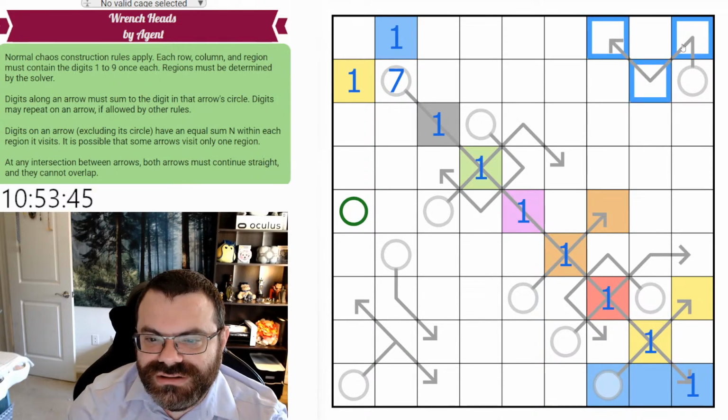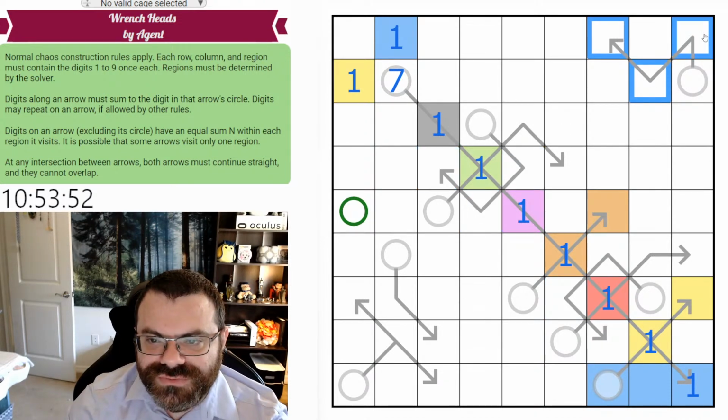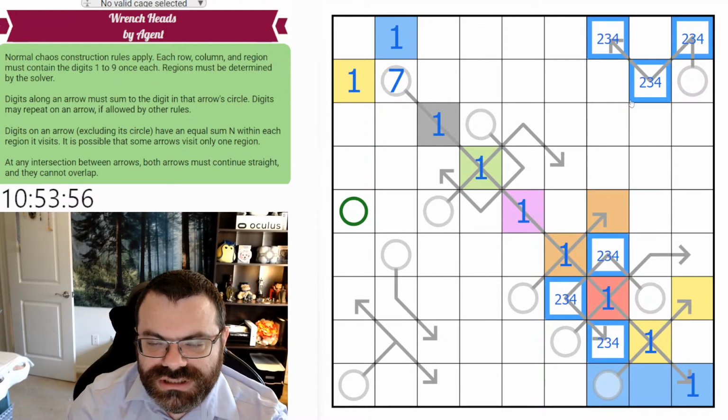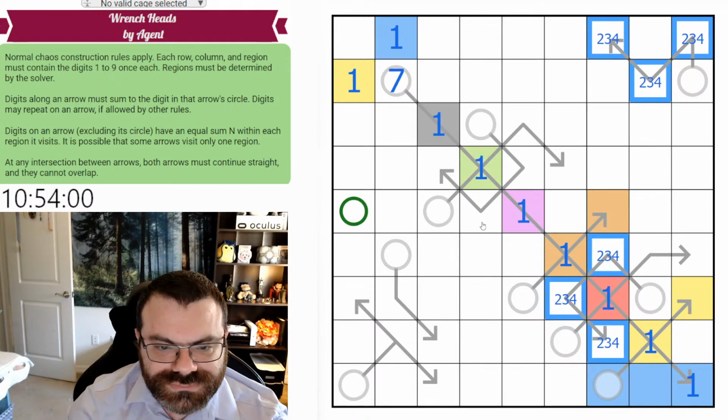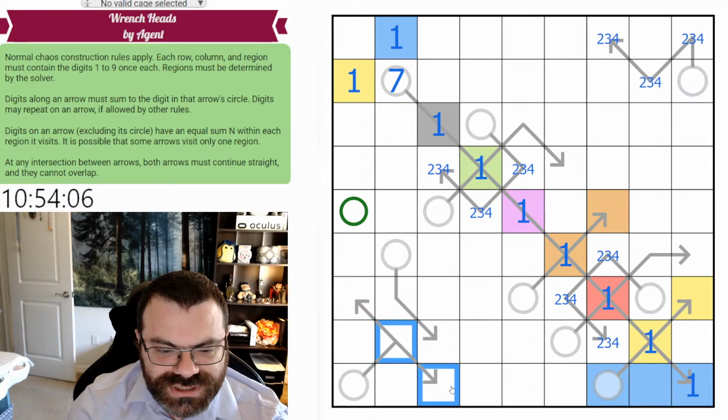So actually, all 3-cell arrows, we don't know what region they're in, but they're all in the same region, and they're 2, 3, 4. I don't know what color to make it. This one has to be 2, 3, 4. This is two different arrows.